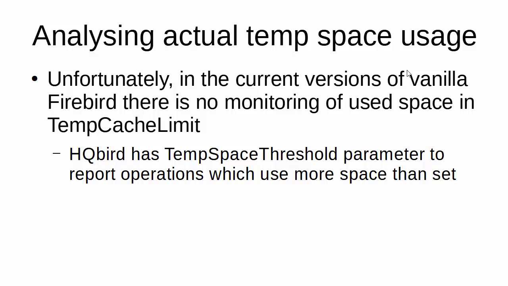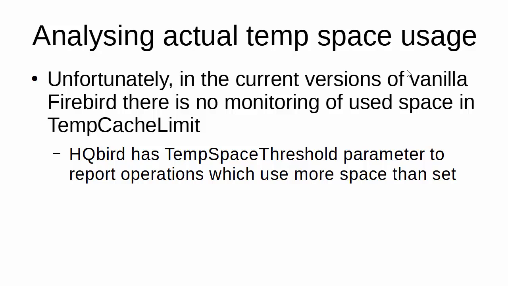In order to analyze the actual temp space usage and identify the champion queries which use a lot of temp space, in HQBird we have a special parameter, temp space threshold, which is not yet ported to Firebird Vanilla, but I think it will appear in some of the future versions.